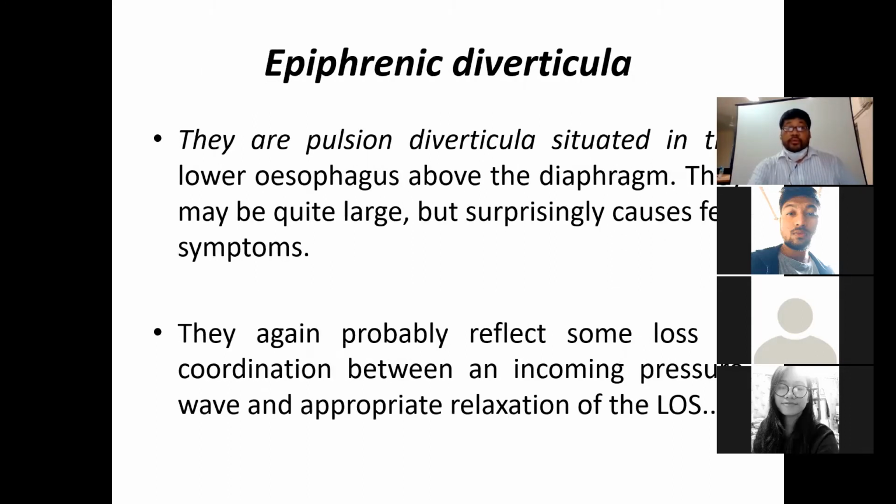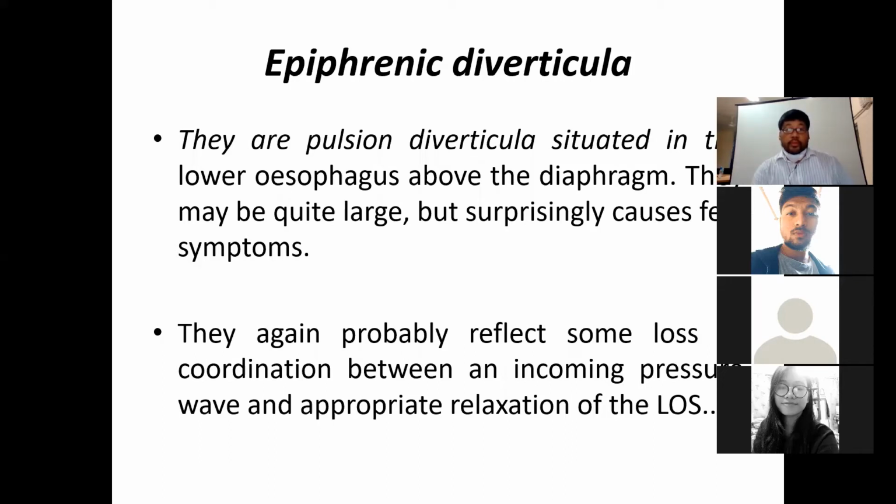Next, if you go further down, we get the epiphrenic diverticula. This diverticulum will be above the diaphragm. These are also pulsion diverticula, situated in the lower esophagus above the diaphragm. This may attain large size, but surprisingly, it causes fewer symptoms.